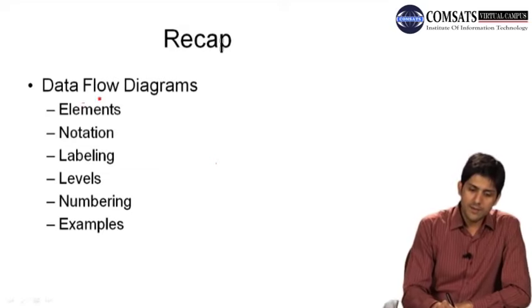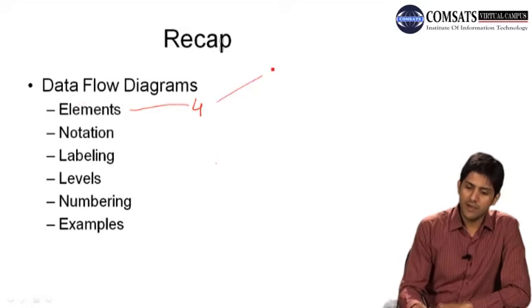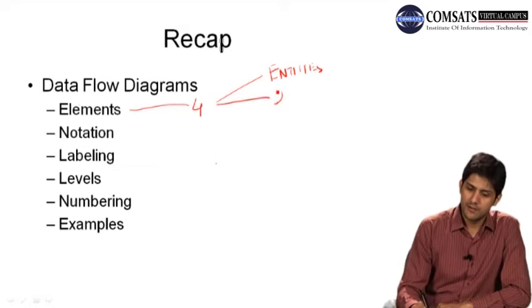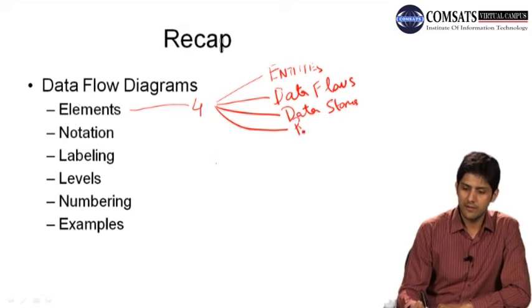We saw that there are 4 elements in a DFD. One is entities, then we have data flows, we also have data stores, and then we have processes.